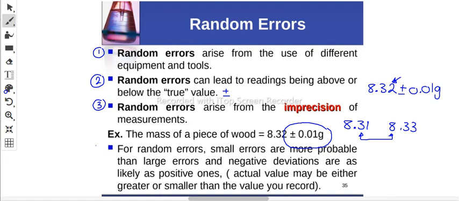For random errors, small errors are more probable than large errors, and the negative deviations are as likely as positive. The actual value may be either greater or smaller than the value you record inside the lab. So based on the random error, it will cause small errors.